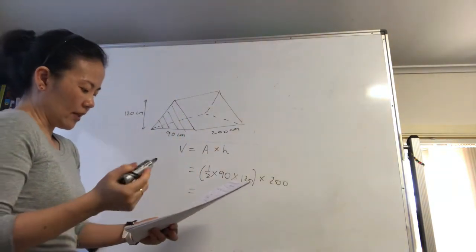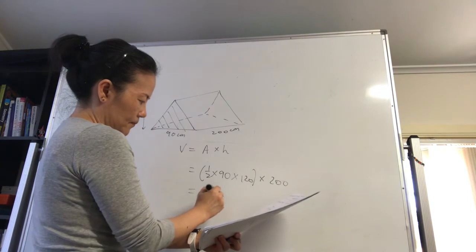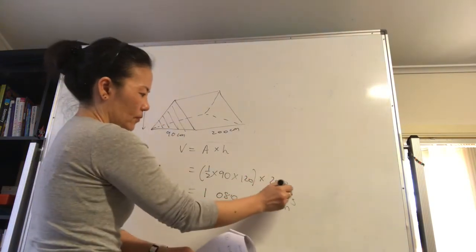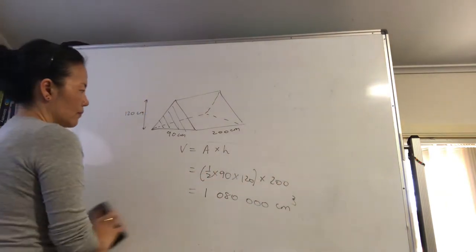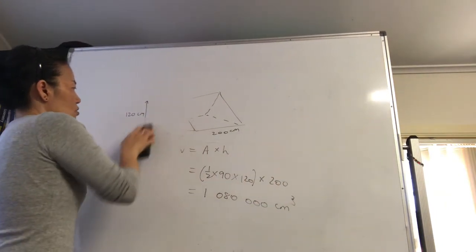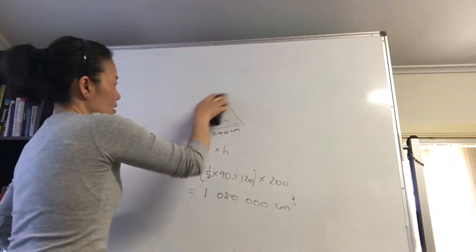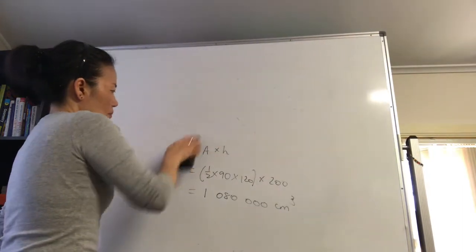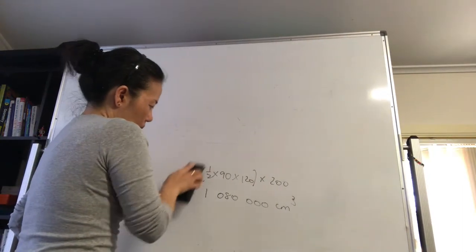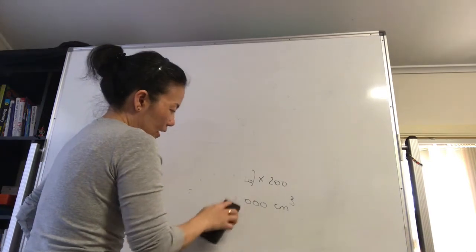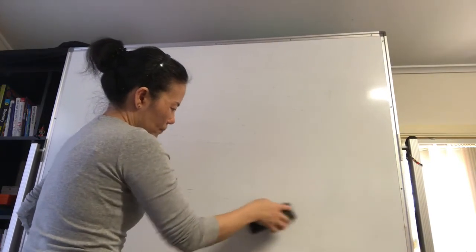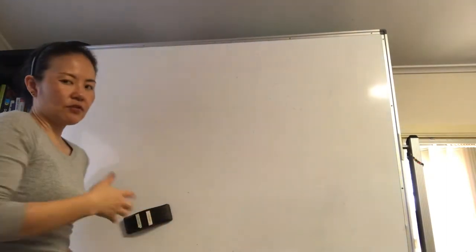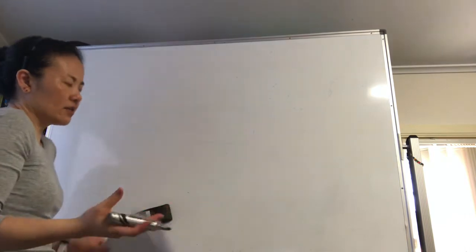If you put that all in the calculator, you get 1,080,000 centimeters cubed. Anything to do with volume is a lot easier than surface area because it's less work. All you have to do is find the area of the base and then times by height to give me the volume. Now remember, volume and surface area are 3D, but just the area is 2D.